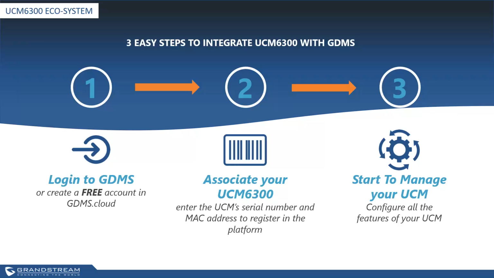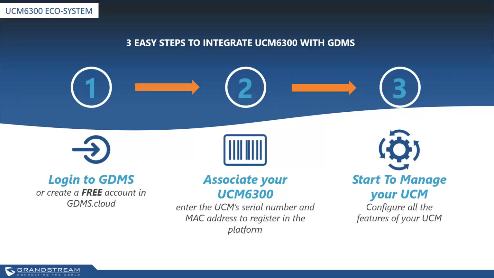And basically the way you add the UCM is the same way. For those of you who are familiar with GDMS, you basically use the MAC address and the serial number associated with the UCM. And once you enter that information, GDMS will pair with the UCM automatically. Then it's going to assign it a domain name that I'm going to show you.